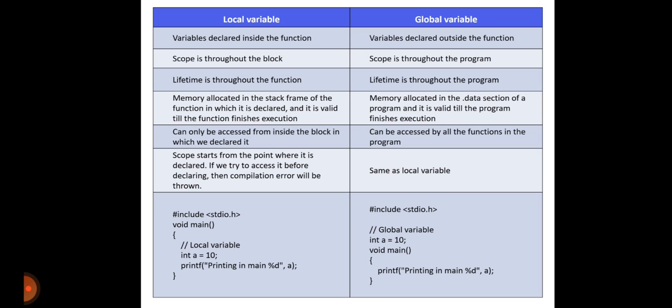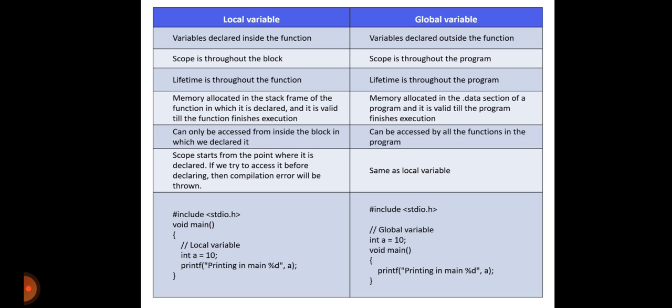Here one example is given, that is #include <stdio.h> and void main, local variable, that is int a equals 10, means what? Here printf is what? Printing in main %d, that is a, because %d is what? We are writing an integer here, that's why we are using %d as an integer and print value of a.